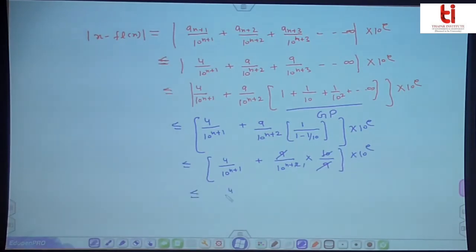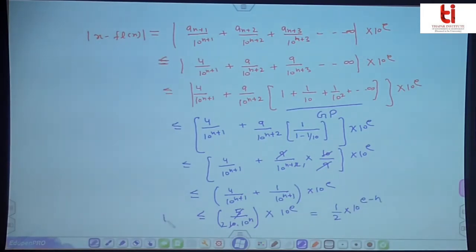You are getting 4 upon 10 raised to n plus 1 plus 1 upon 10 raised to power n plus 1 into 10 raised to power e. This is coming out to be 5 upon 10 into 10 raised to power n. We can write 10 raised to n plus 1 as 10 into 10 raised to power n, into 10 raised to power e. 5 is cancelled as 2. That is coming out to be 1 by 2 into 10 raised to power e minus n.